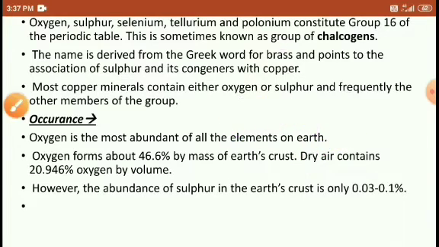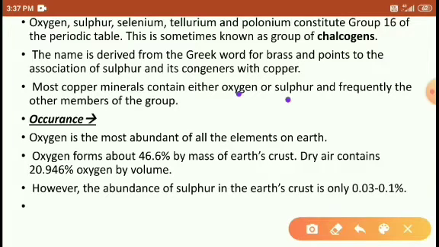It means sulfur, oxygen, selenium are present in combined form with metals. So that's why it is called chalcogen, students.